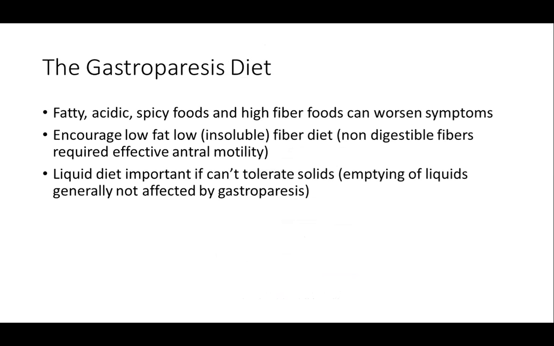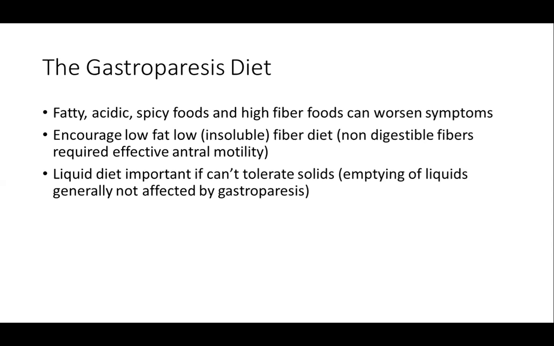So again, other things in the gastroparesis diet. I get a lot of people in clinic who ask what they should do for a particular symptom. Most of the time, there aren't specific diets; whatever you can tolerate. In this diet, avoiding fatty, acidic, and spicy foods can help. You do want a low fat, low fiber diet, because high fiber and high fat require a lot of gastric squeezing, that trituration process.